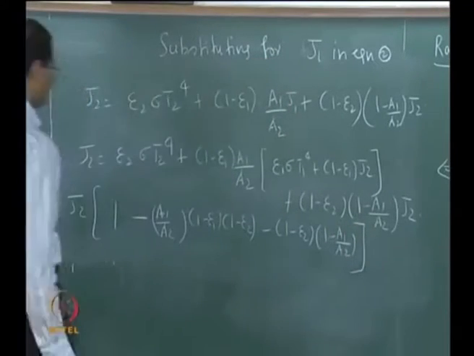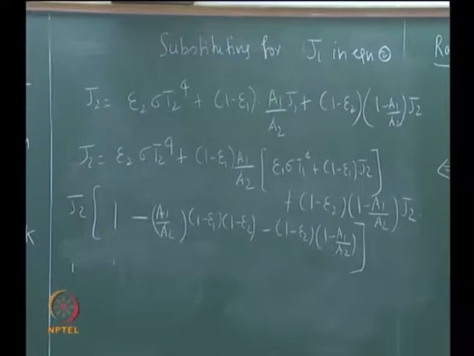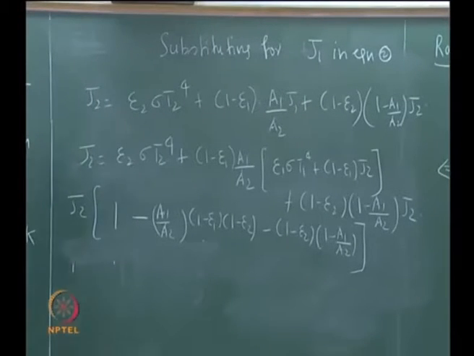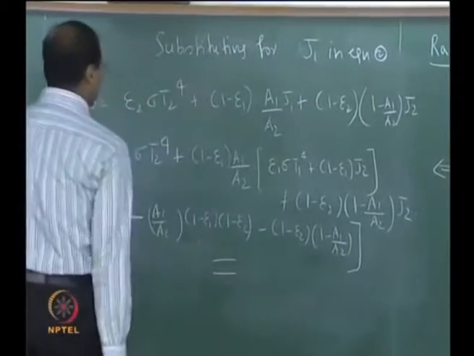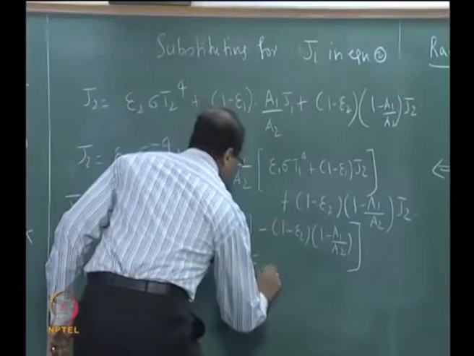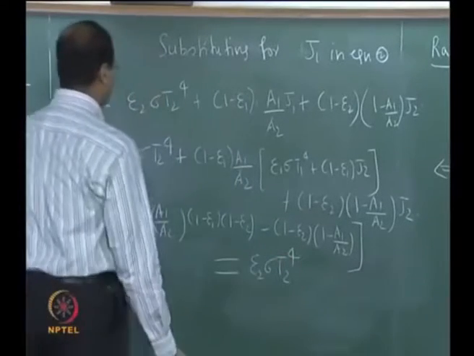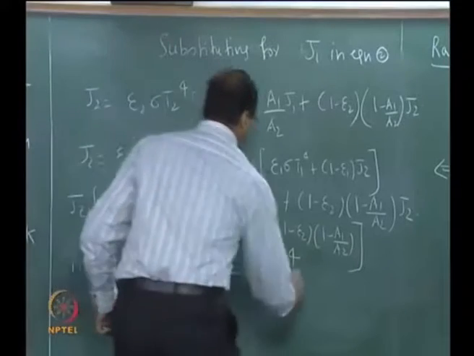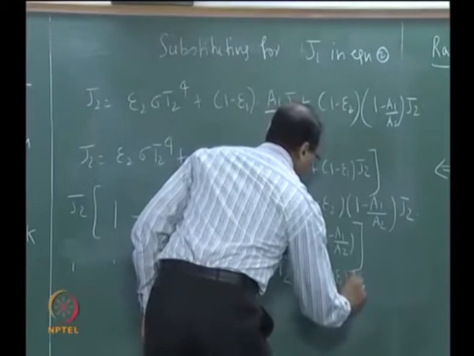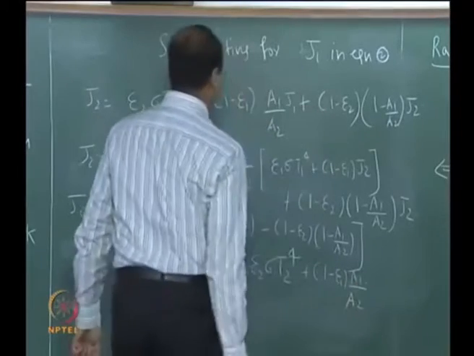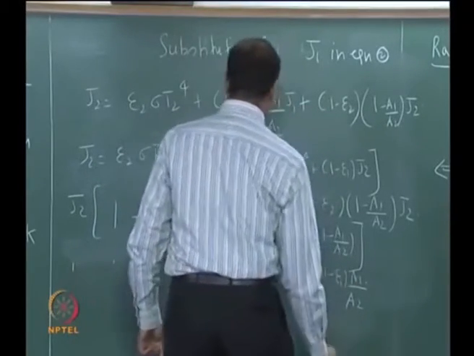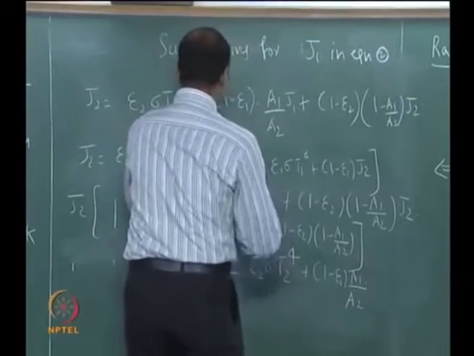Is this correct first? Please tell me. Vikram, is it okay? Otherwise we will not get the solution. Did I leave anything out? Okay, so right side? Right side is epsilon 2 T2 to the power of 4 plus into epsilon 1, correct.